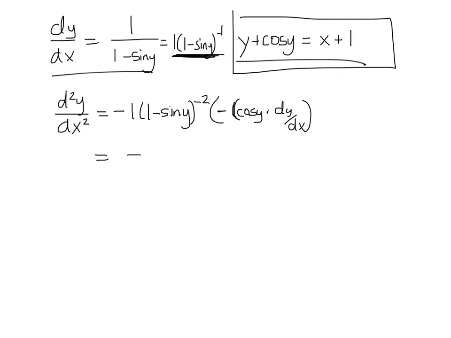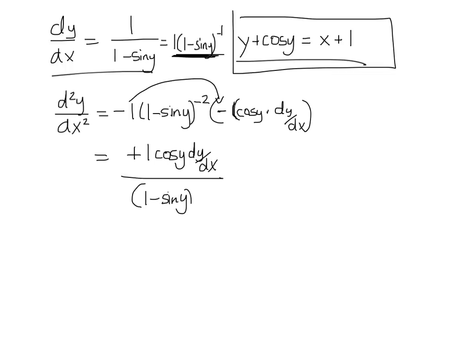So I've got a -1 times this negative over here, this negative times this negative is going to be a +1 times cosine y dy dx over 1 minus sine y squared.